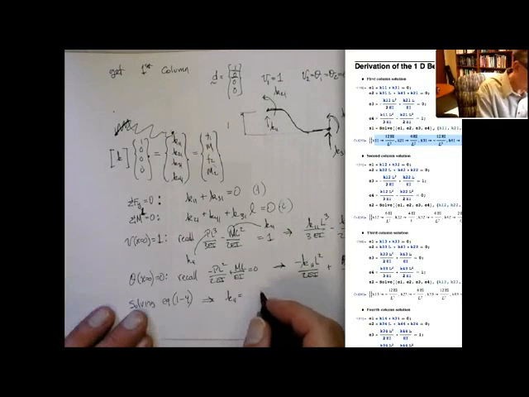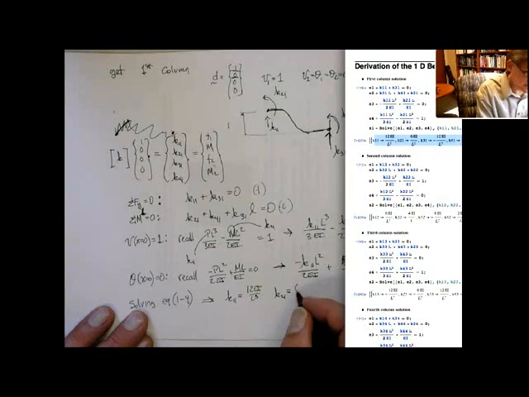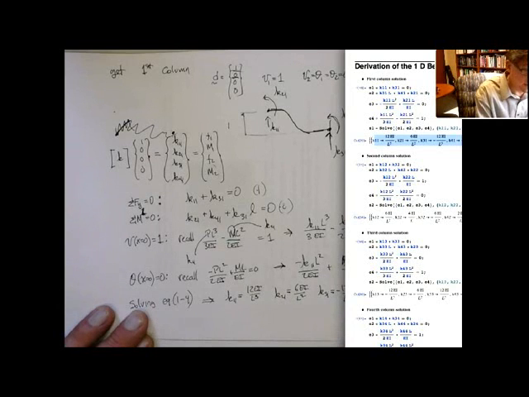K11 is 12 EI on L cubed, which is what we said it was in class. K21 is equal to 6 EI on L squared. K31 is equal to minus 12 EI on L cubed, and K41 is equal to 6 EI on L squared.